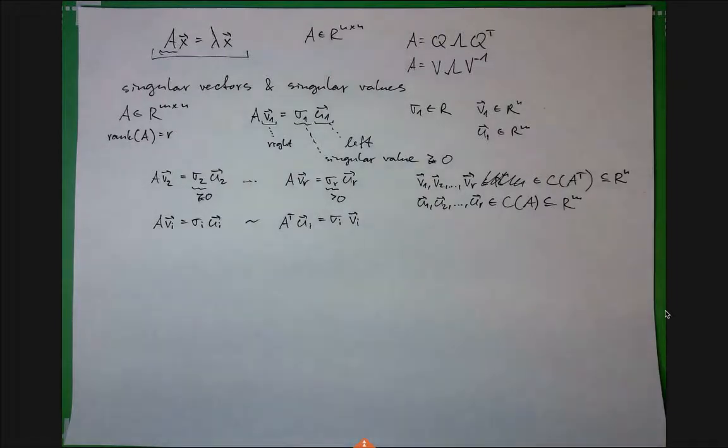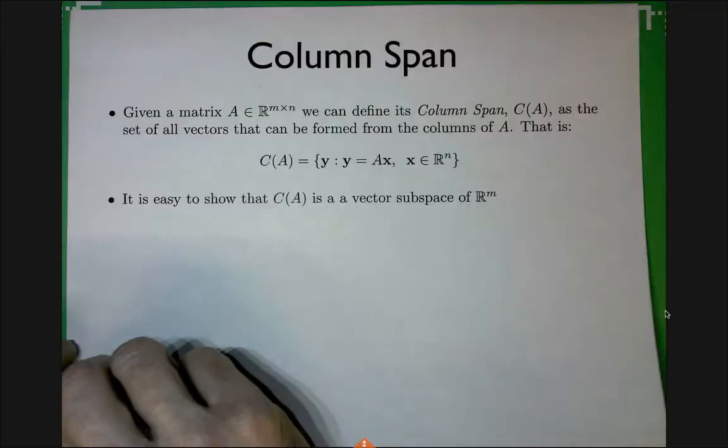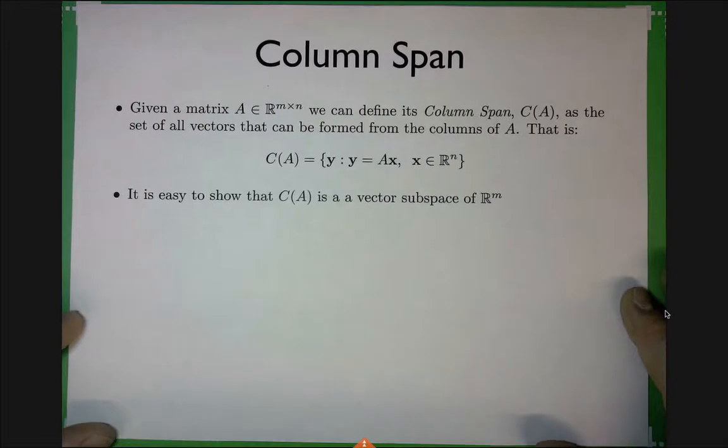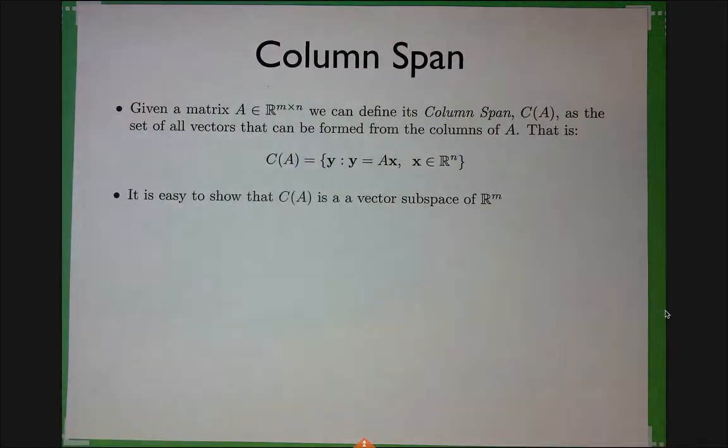So actually let me recap these notions in case you don't. It's been a while since we had those. So this is what a column span is. The cool thing about SVD is that it ties together many of the concepts we talked about before. So now I need to review, if you remember, we were talking about the 4 fundamental subspaces of a matrix.